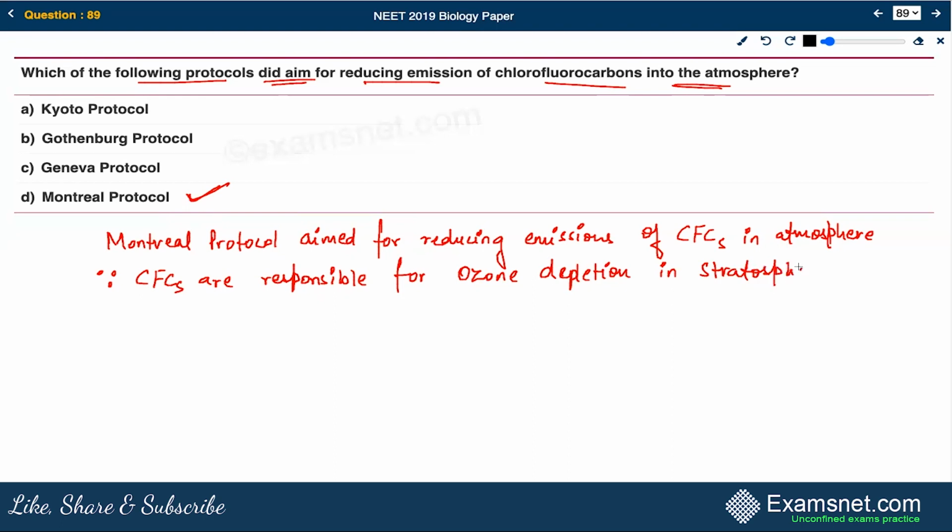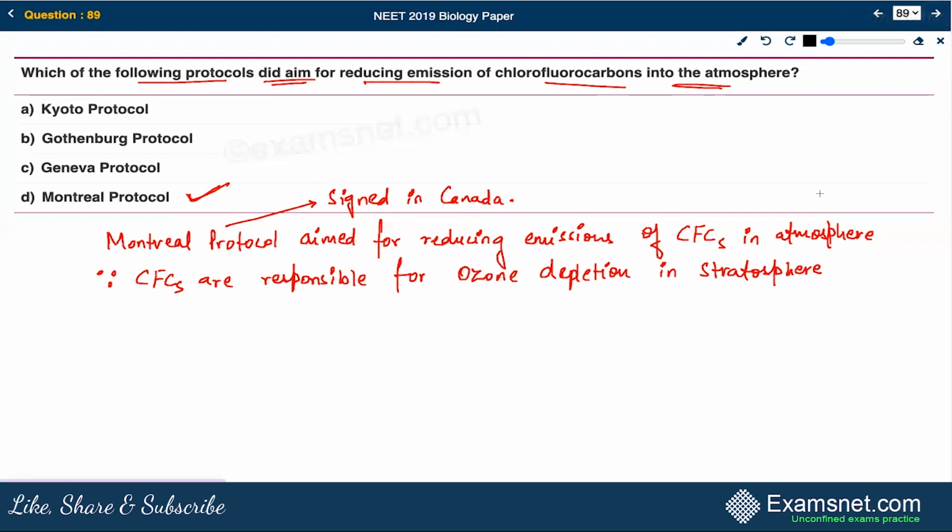That's why. Clear? And as I already told you, this protocol has been signed in Canada. Yeah. So option D is the correct answer.